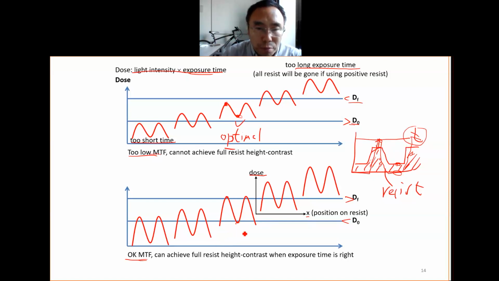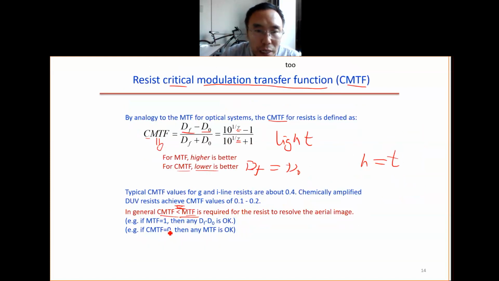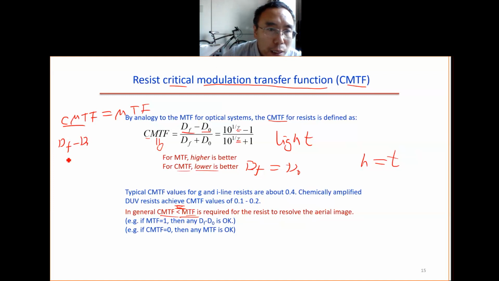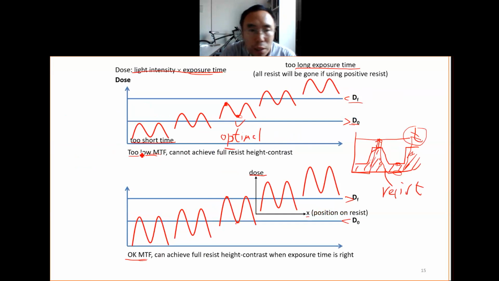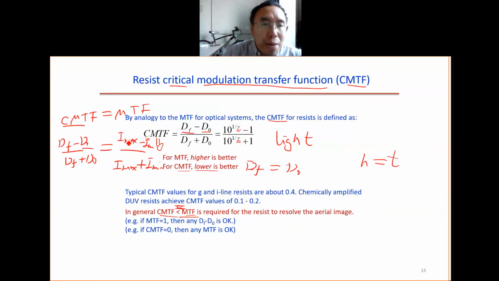So at the critical point, CMTF equals MTF. That means this is equal to I max minus I minimum divided by I max plus I minimum.